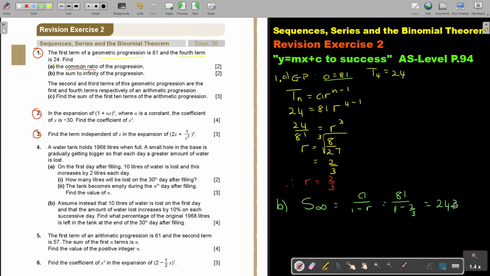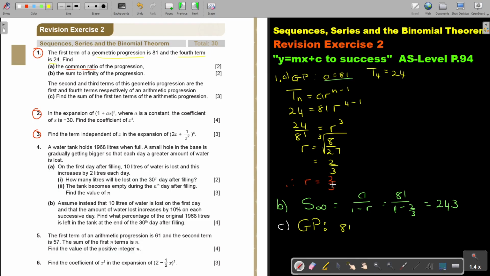Okay, and then the next one, number C. The second and third terms of this geometric progression are the first and the fourth terms, respectively, of an arithmetic progression. Okay, so let's start with the GP. The GP was in yellow. Now, I know the first term was 81.